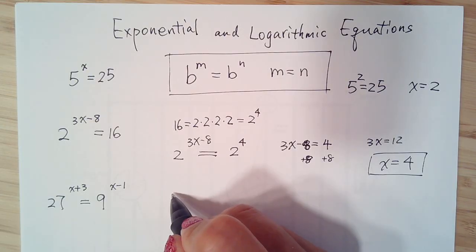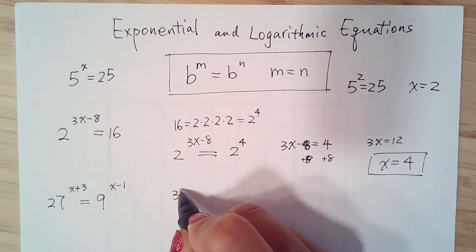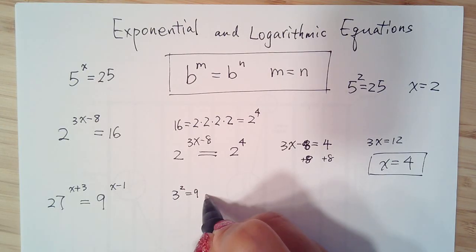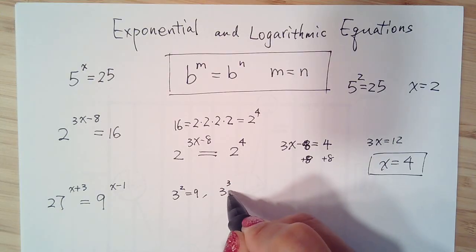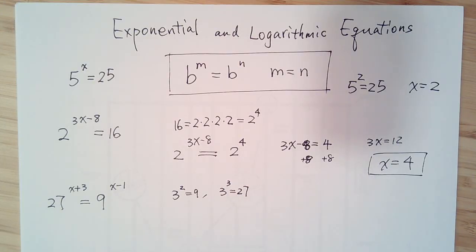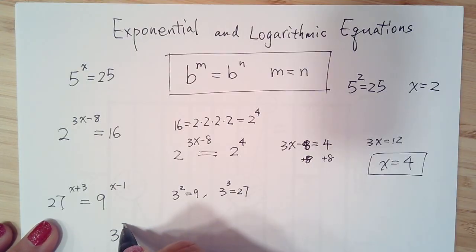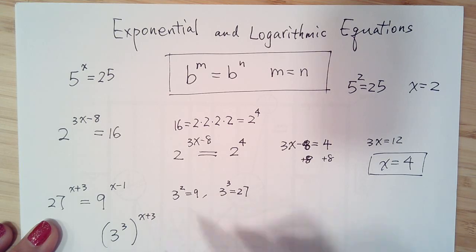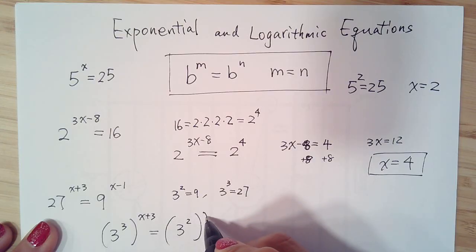We know 3 squared is 9, and 3 cubed is 27. So let's write this. This is 3 to the 3rd, to the x plus 3. And the right side is 3 squared, to the x minus 1.